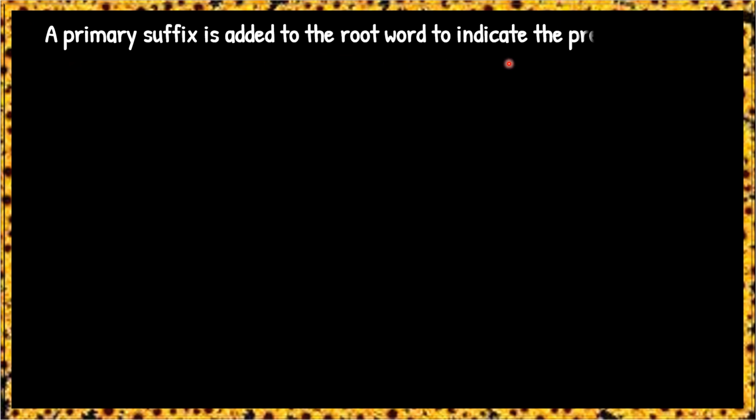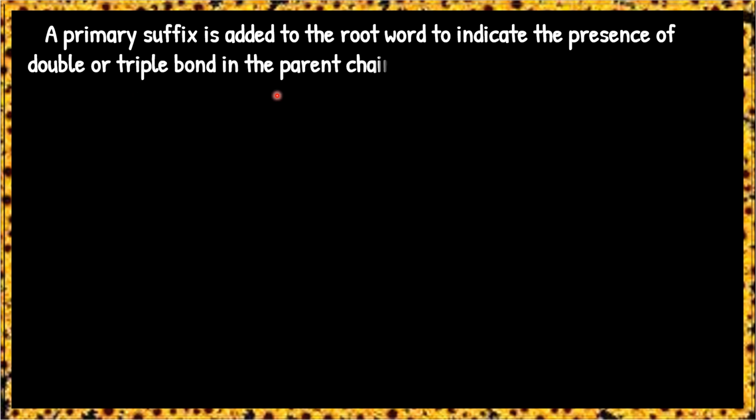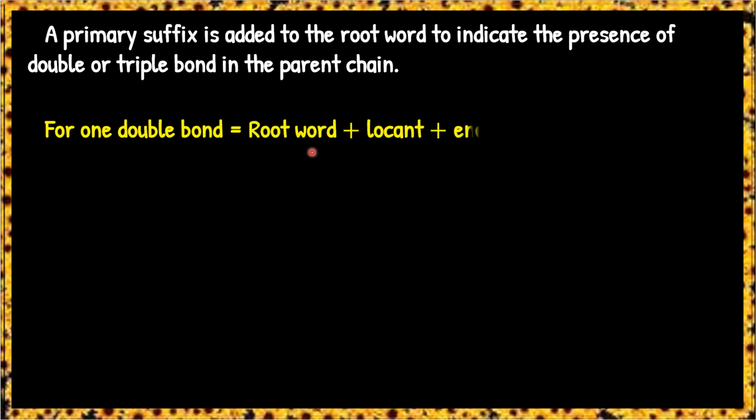A primary suffix is added to the root word to indicate the presence of double or triple bond in the parent chain. See here, for one double bond, root word plus locant plus ene. If only one double bond is there, this is the IUPAC naming structure.